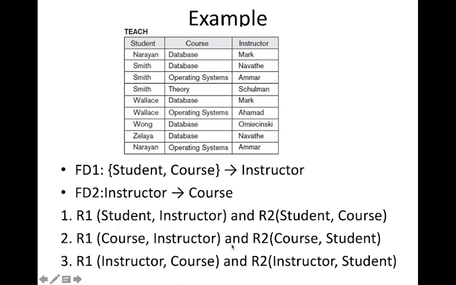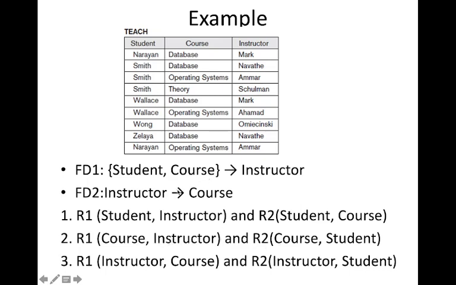Similarly, you can check whether this other decomposition satisfies the lossless join property. Again, in this relation, R1 intersection R2 gives course. Then R1 difference R2 is instructor.